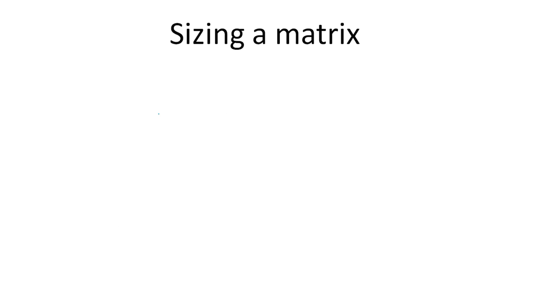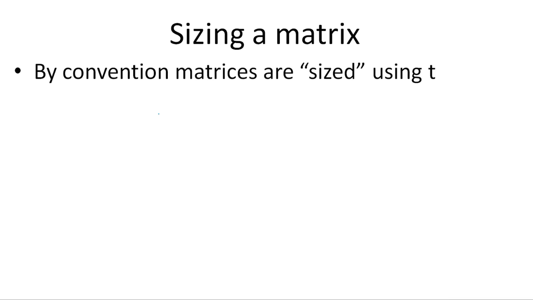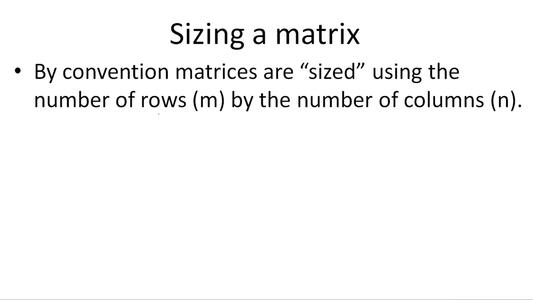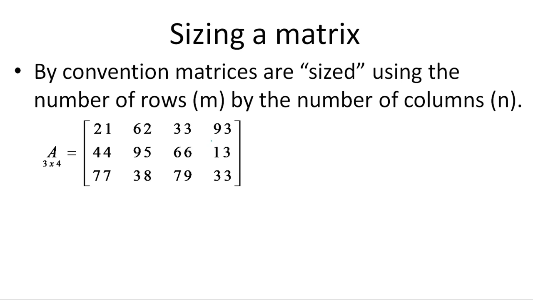Let's see the sizing of a matrix. By convention, matrices are sized using the number of rows, which is m, by the number of columns, which is n. So in other words, if you have a matrix in this form, the size of this matrix is simply a 3 by 4 matrix, because the 3 represents the number of rows.